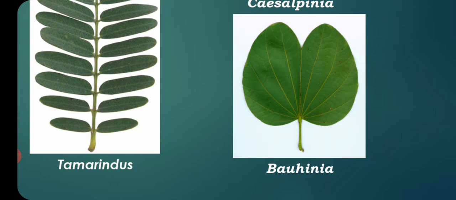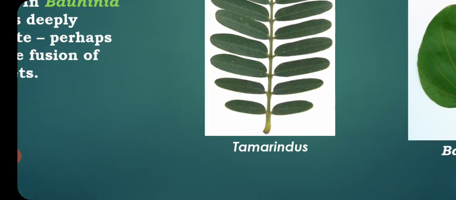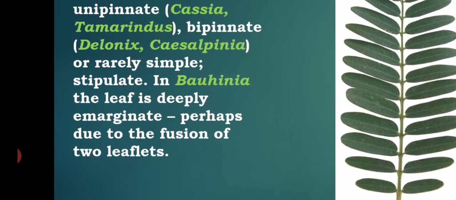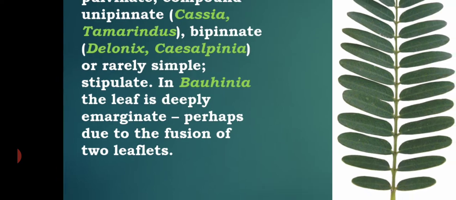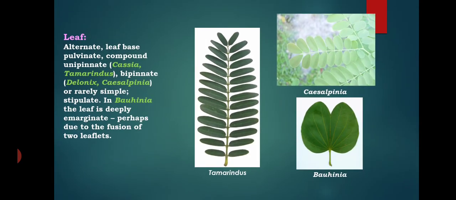And here it is written, in Bauhinia the leaf is deeply emarginate. That is due to the fusion of two leaflets. Okay, that is the specialty. That is, leaves are compound leaves, and we can see the bipinnate condition and also the unipinnate condition.